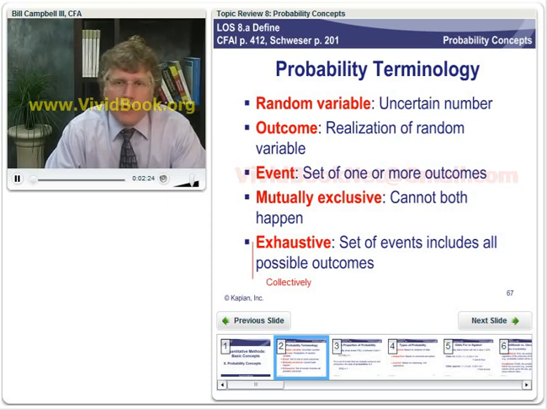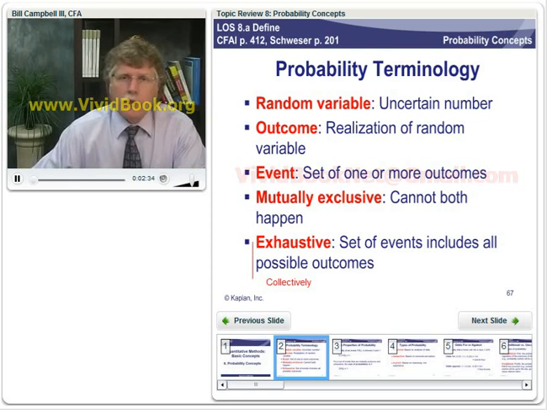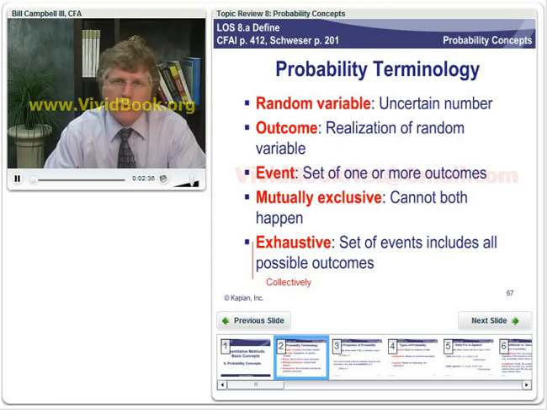And that means that if you take all these events together, it covers all possible outcomes. Now, you have to be careful when you use the terms mutually exclusive and collectively exhaustive. Some people think that they're somewhat complementary or that they mean the same thing. Clearly, they don't mean the same thing.